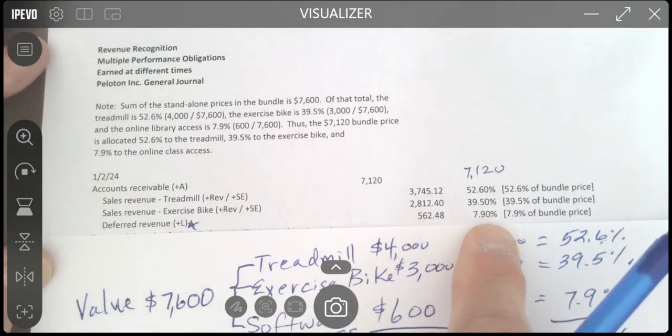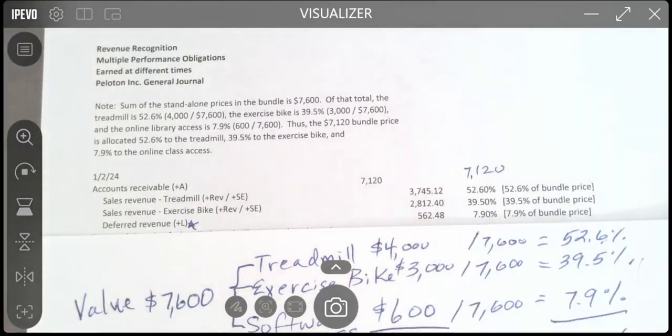So what we didn't do here, remember, is we did not recognize $4,000 for the treadmill, $3,000 for the exercise bike, and then $120 for the deferred revenue. You see the difference? That's the key.